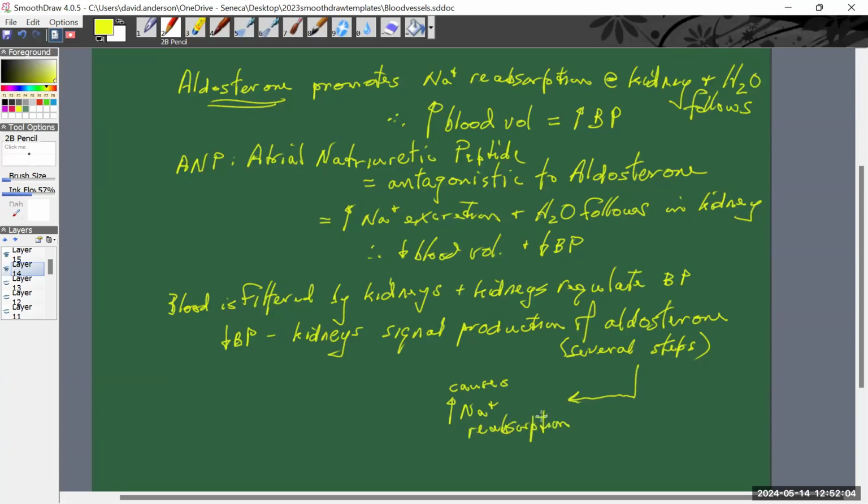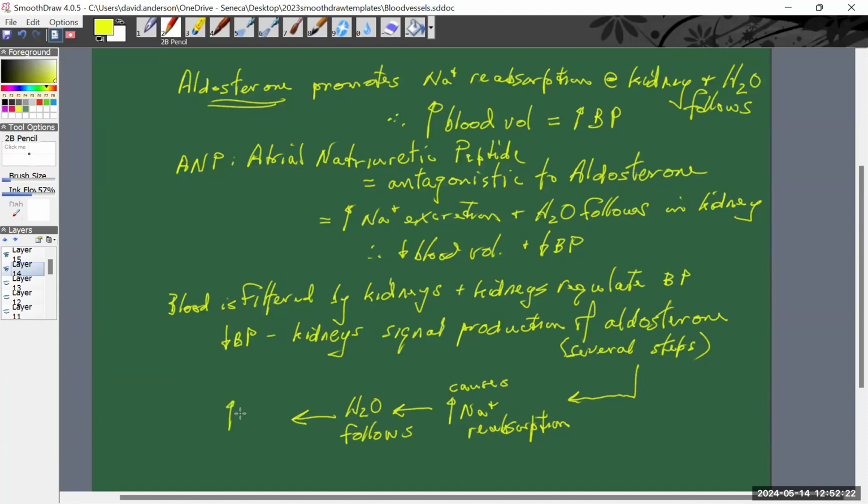This is all happening at the kidney. And water follows, which means that sodium and water are returned to the circulation.